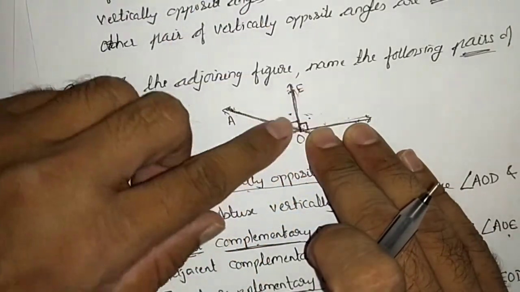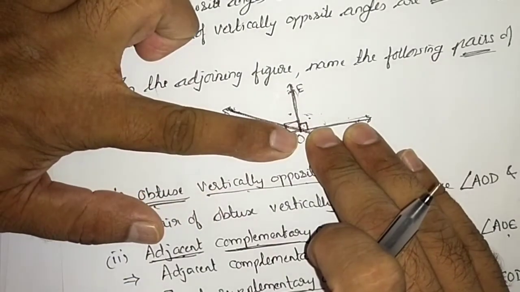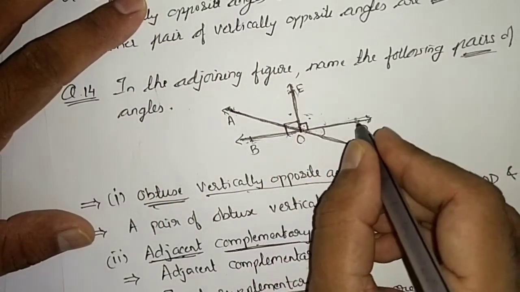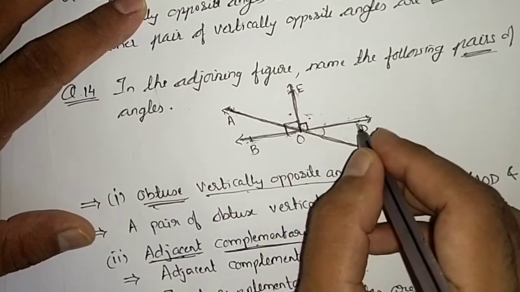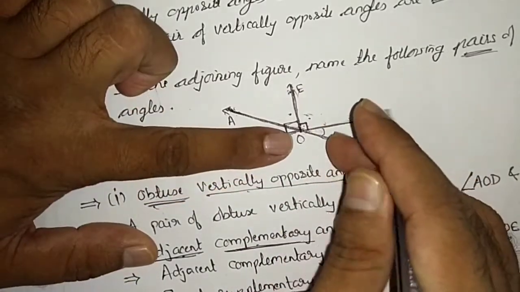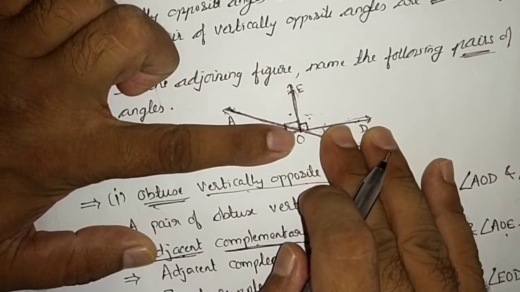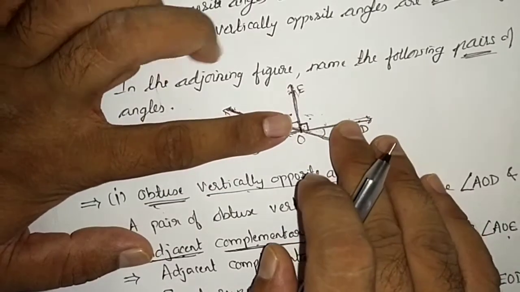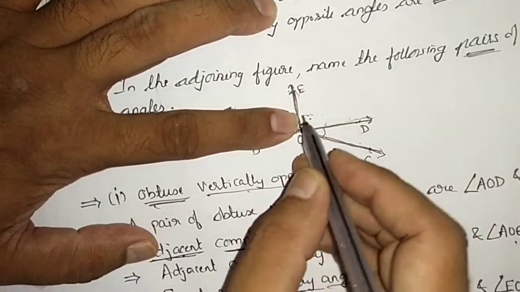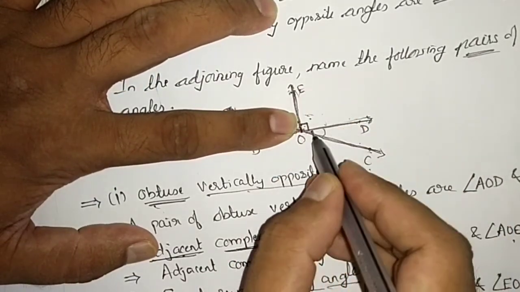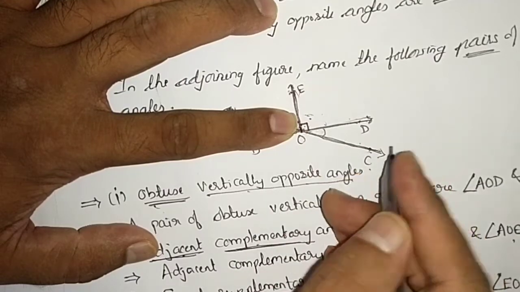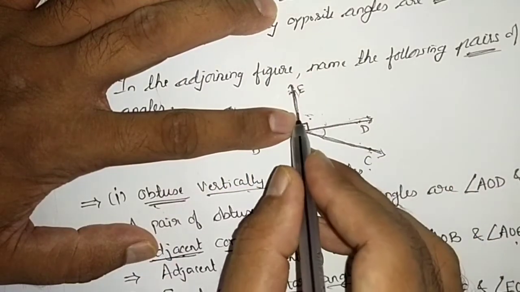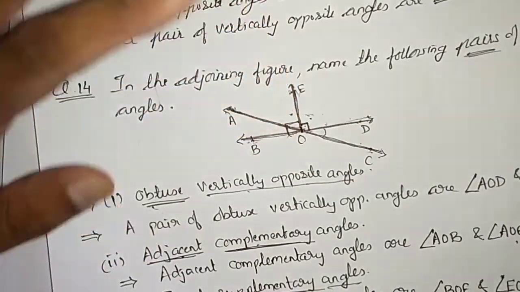This is 90, and this part, they will not make 180. If they formed a linear pair, it would be BOE and EOD. Again, EOD is 90 and this part is less than 90. So together they will not form a linear pair, but they will form adjacent angles.